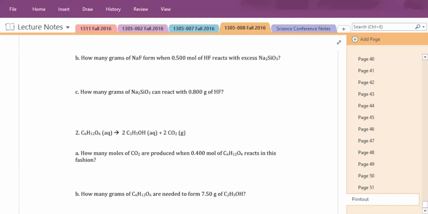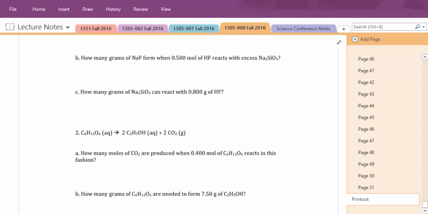1 step? 2 steps? 3 steps. Okay? Because what's involved? Grams. And I'm going from the grams of one thing to the grams of something else. Can I do that directly? No. I can only do that in what units? Moles. Only in moles.